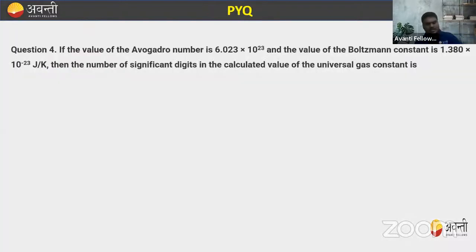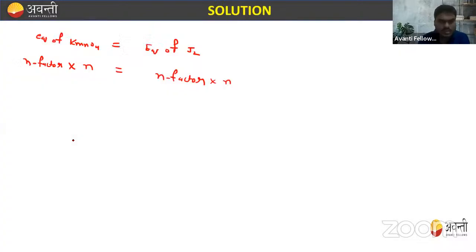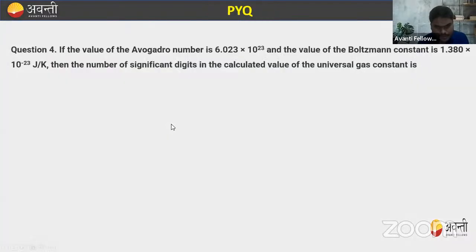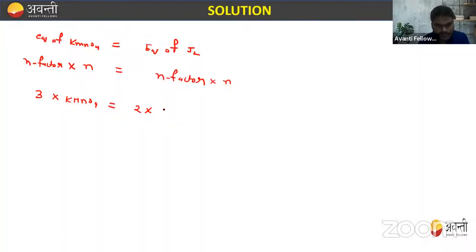So we can say that 3 moles of KMnO4 will require 2 moles of I2, right? So 3 moles of KMnO4 require 2 moles of I2.